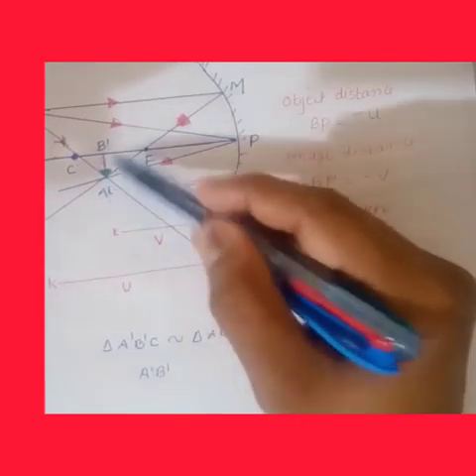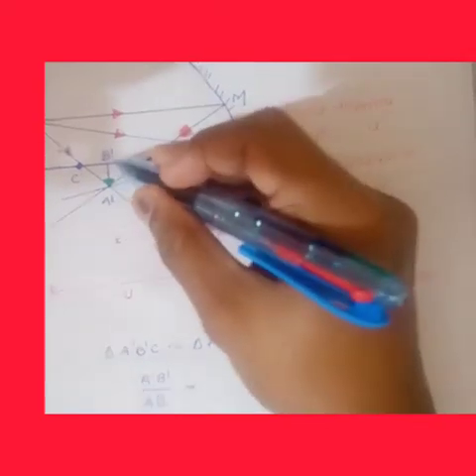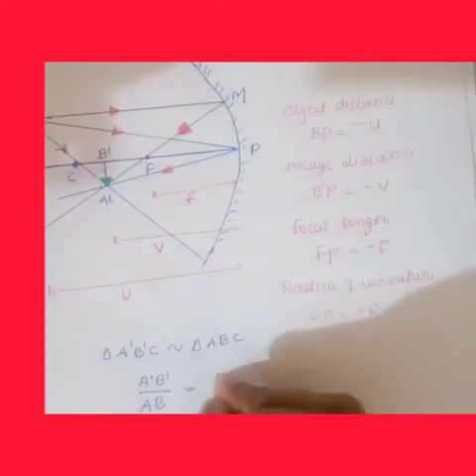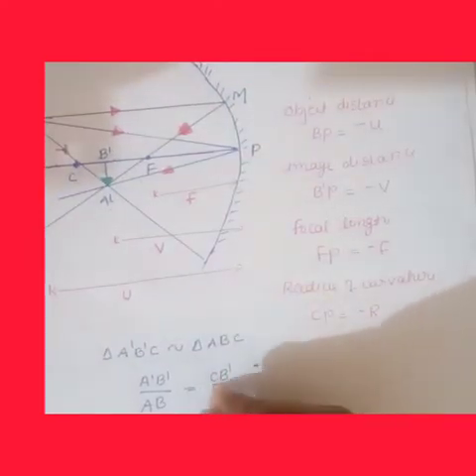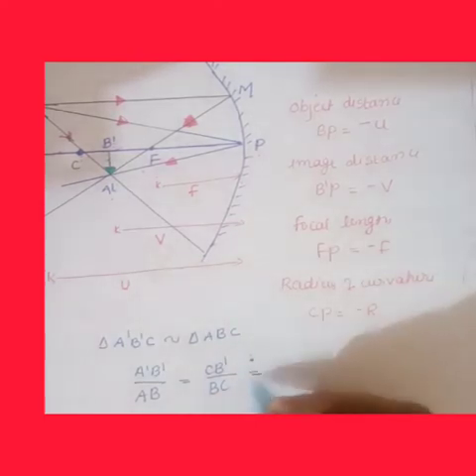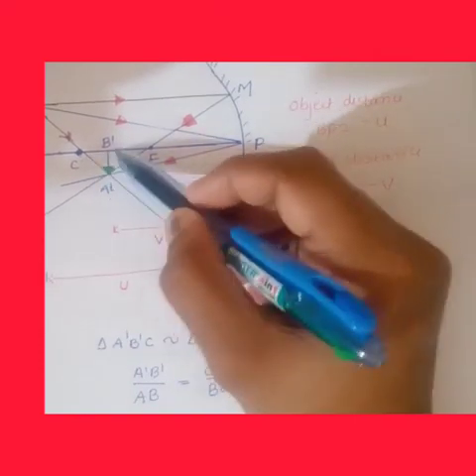A dash B dash divided by AB is equal to CB dash divided by BC. Is it correct?